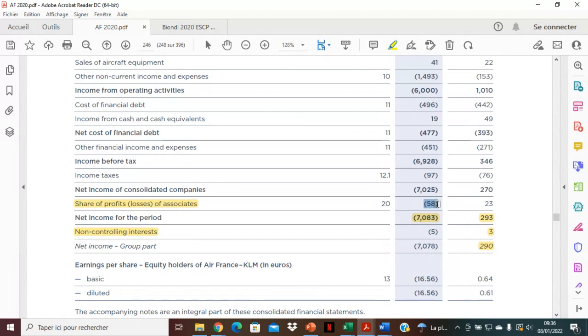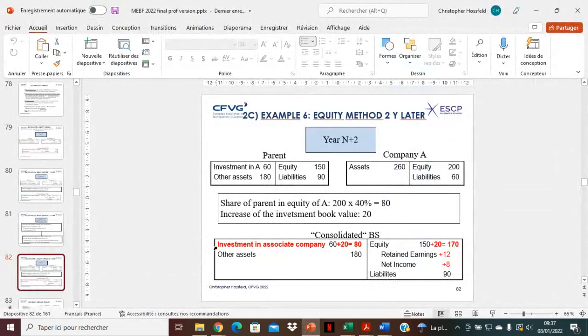I account for whatever 40% of this loss, and this is 58. Well, it was a loss of 58 in 2021, 20, and a gain of 23 million in 2019. Okay, so there is a specific line in the balance sheet that I see with a specific name, and there is a specific line also in the income statement.